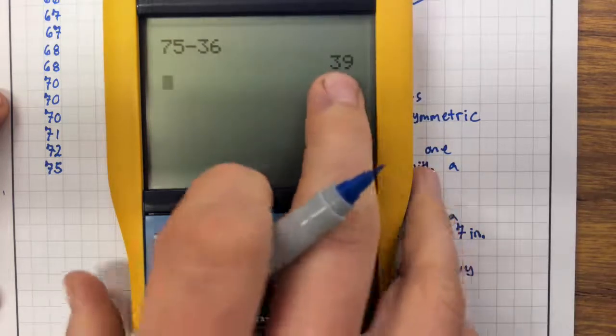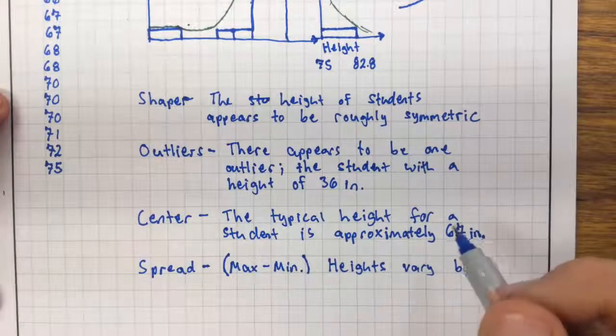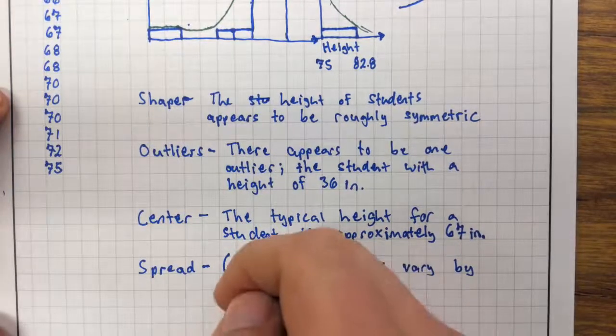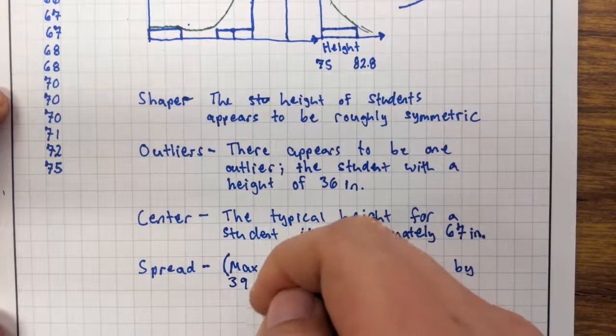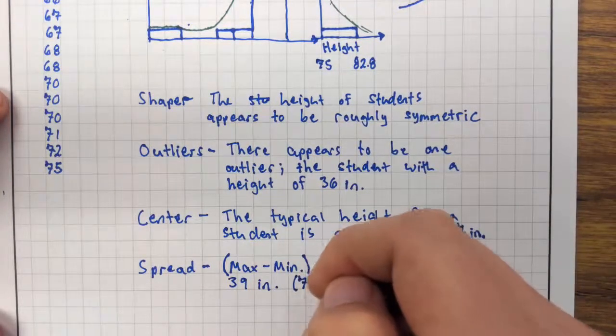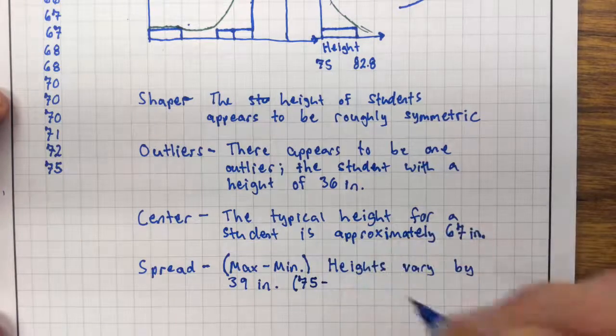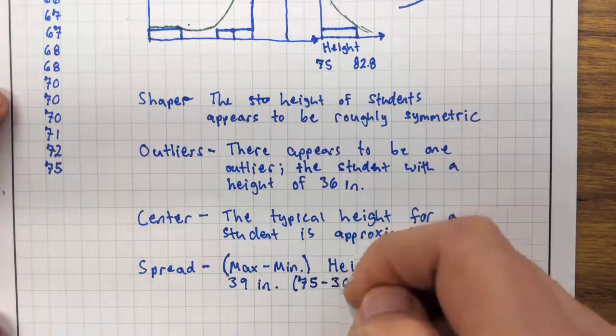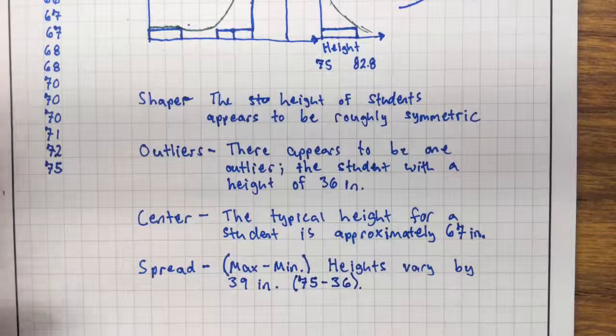So we vary by 39 inches. Heights vary by 39 inches. And again, we found that just by taking the maximum amount of 75 and subtracting the minimum amount of 36.